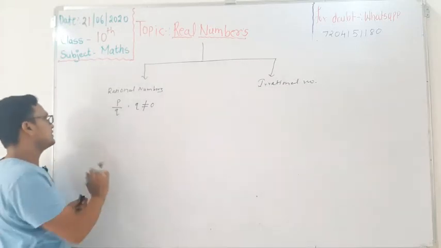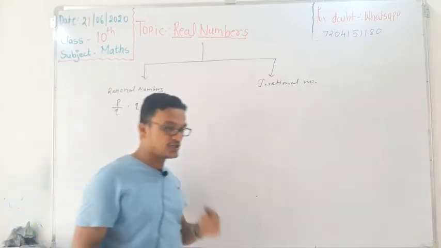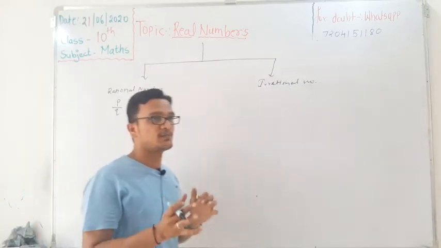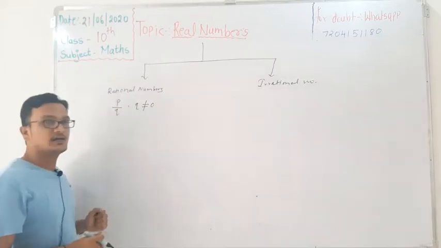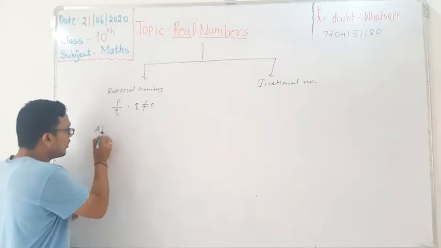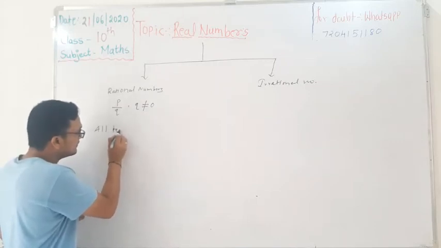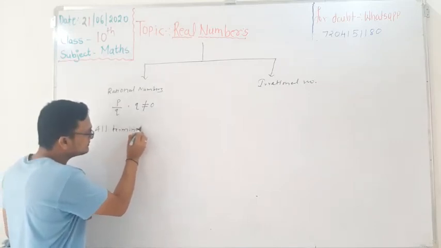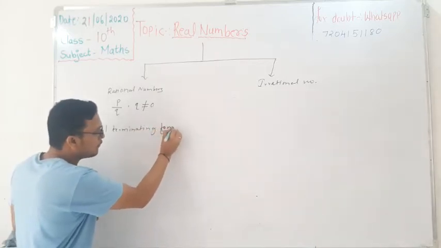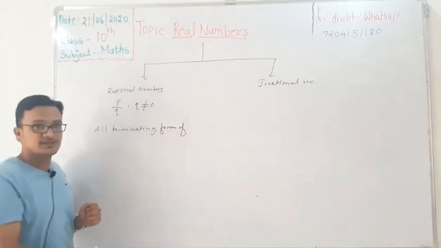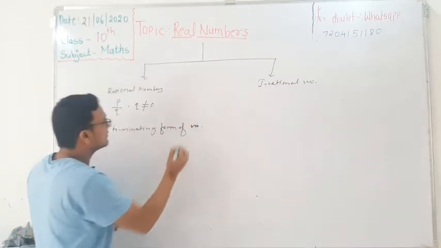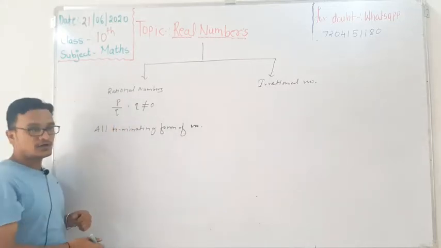Now you might have the question in your mind, numerically which type of numbers we will get in rational numbers. For example, all terminating form of numbers are called rational numbers.